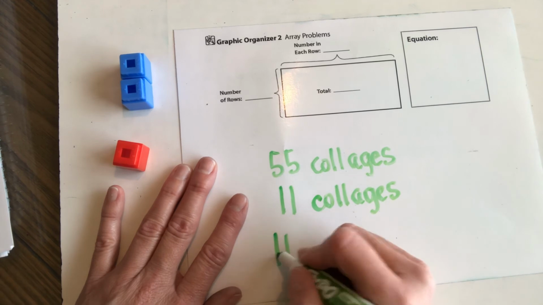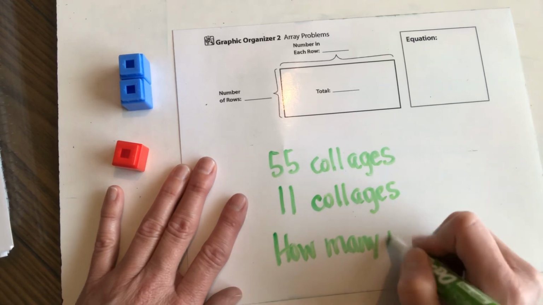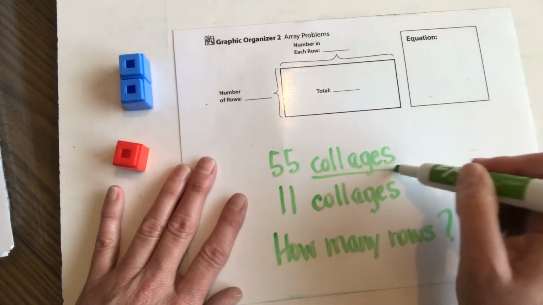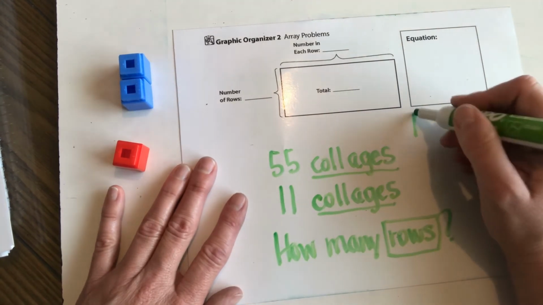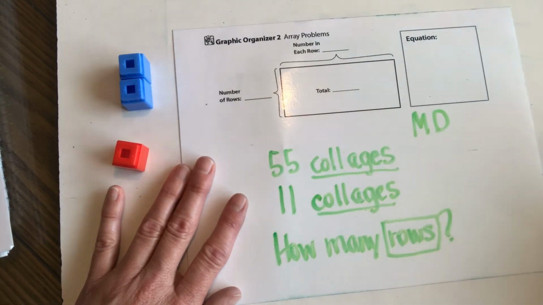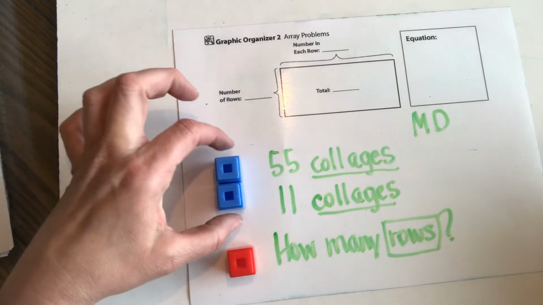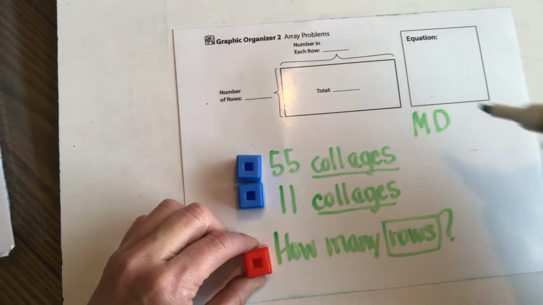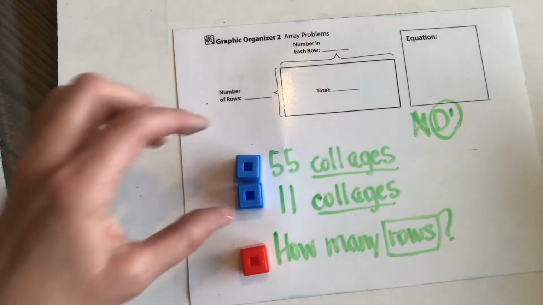How many rows can they make? I'm just going to write how many rows. So I've got collages, and I'm looking for rows. My labels are mighty different. In fact, I noticed that the labels are the same in the story, and the question asks for something different, which we've learned is an automatic divide.